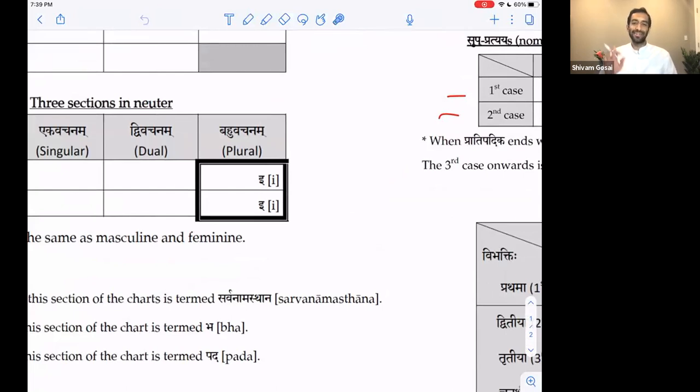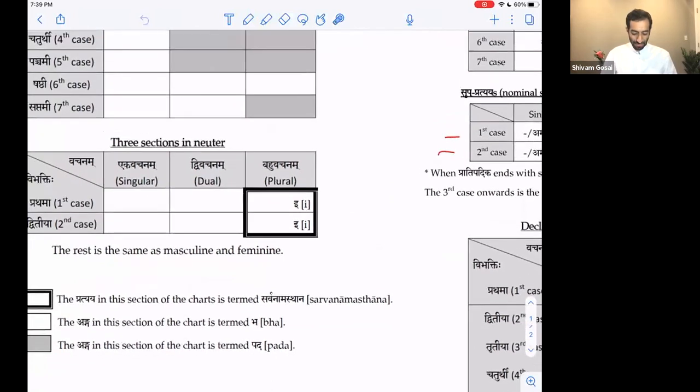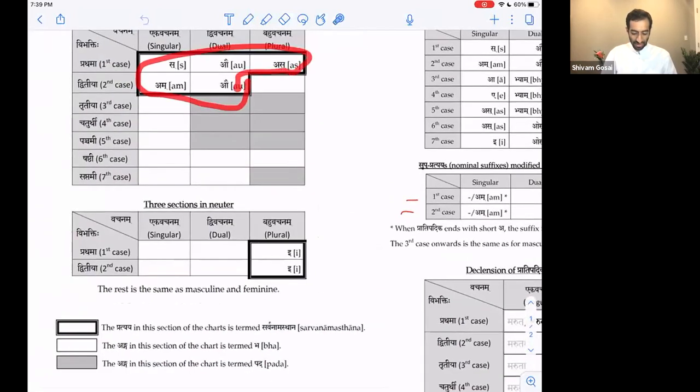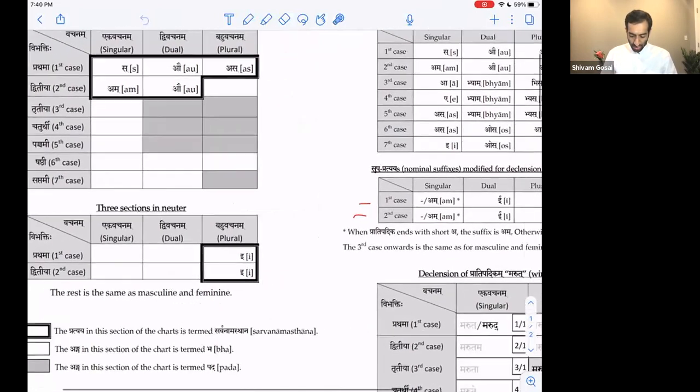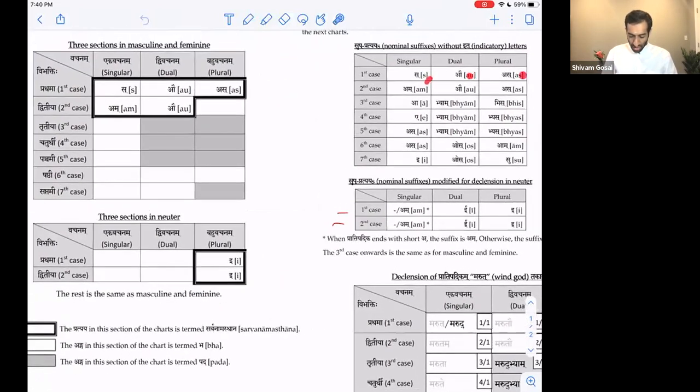This is just a technical name given to this part of the chart, so don't get those two things mixed up. If we look at our su-ojas, that's su, au, jas, am, and au. Just these 5 are called Sarva-namasthana.